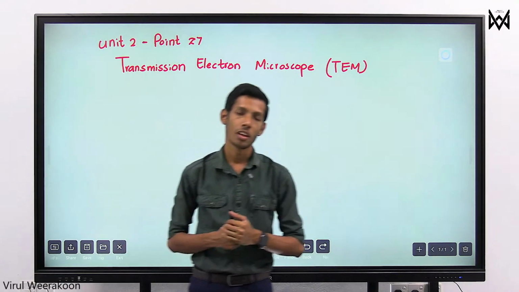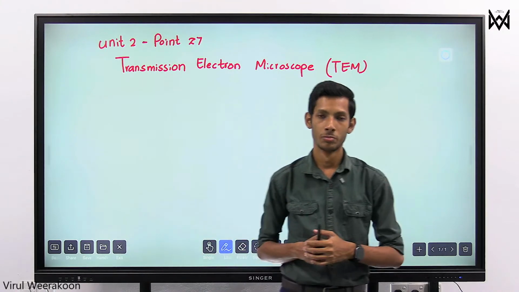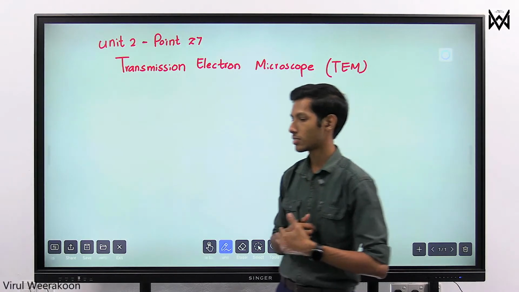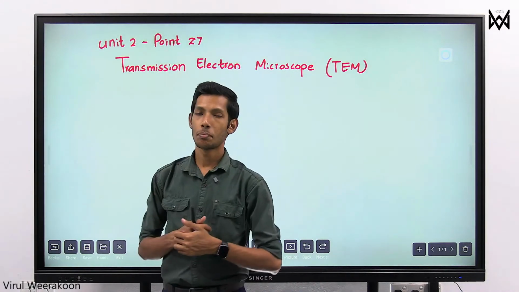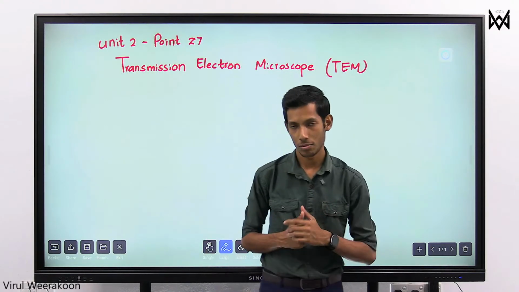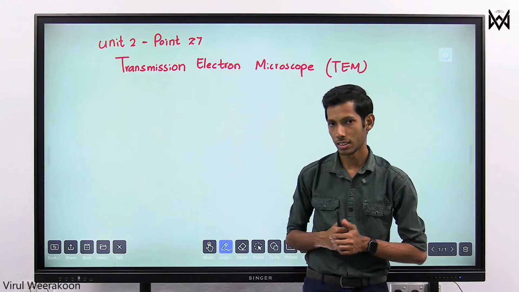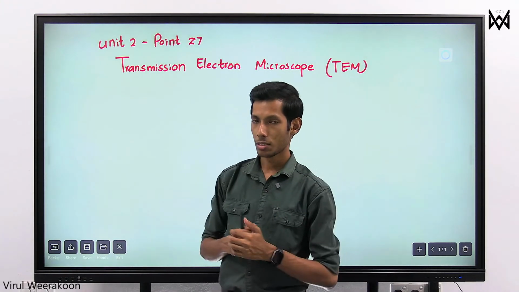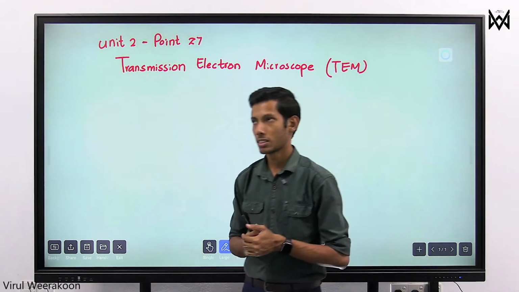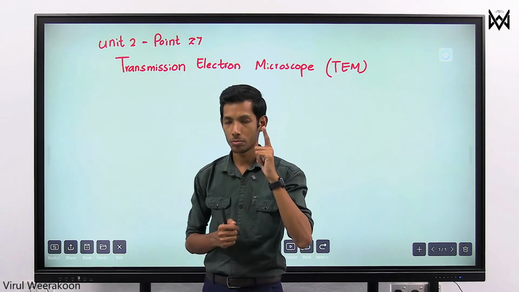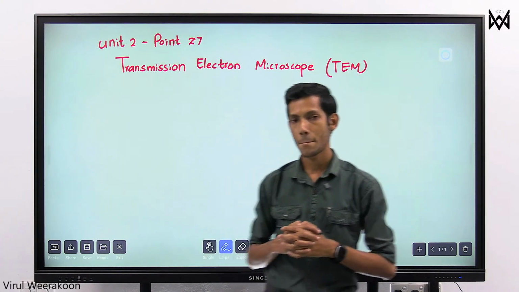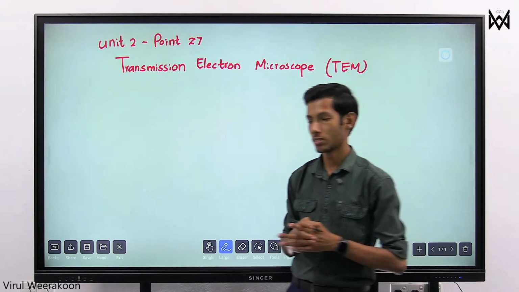Then write down, image reflects the pattern of electrons passed through the specimen.